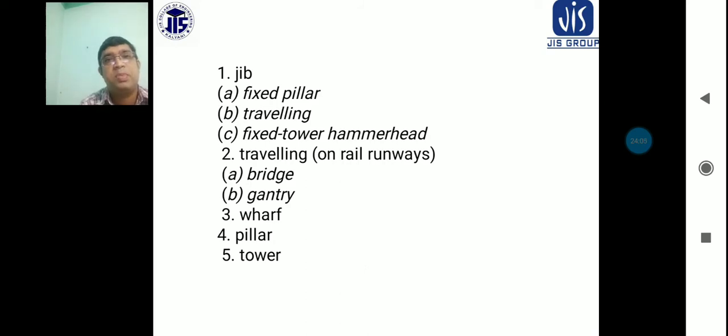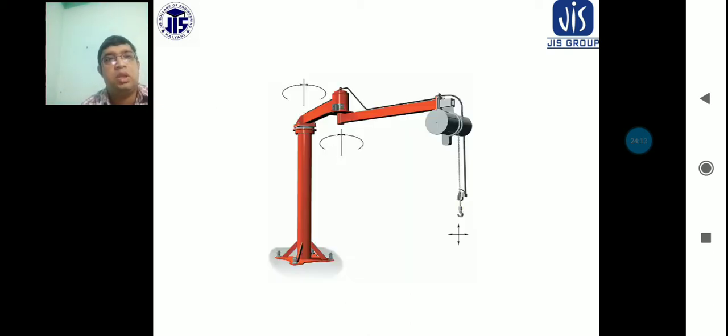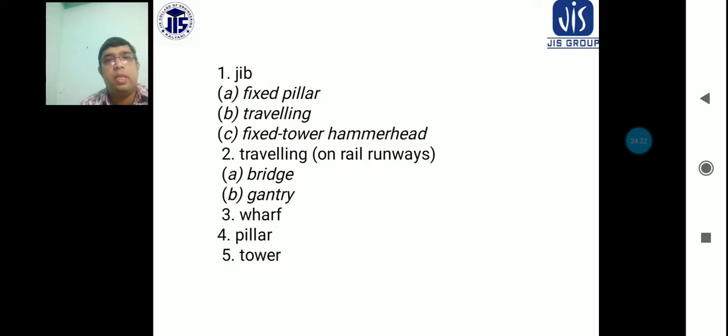Another one is the fixed tower hammerhead crane. Suppose the tower is fixed; you can consider it as one pillar, which is called the tower, and at the end of the jib you mount something like a hammer.